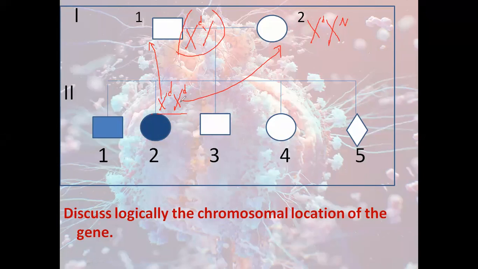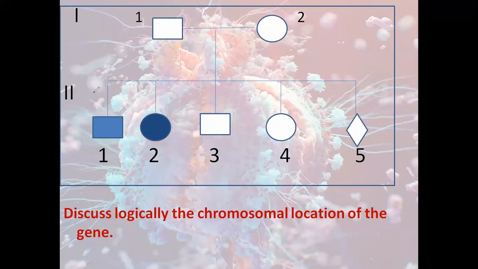It should inherit XD from the mother, which is maternal, and XD from the father, which is paternal. So here it's XDY. So here XDY should be affected. So it's not the case because 1, 1 is normal. So here I deny it on the non-homologous part of X and the non-homologous part of Y.